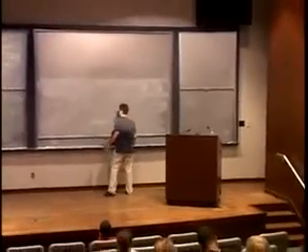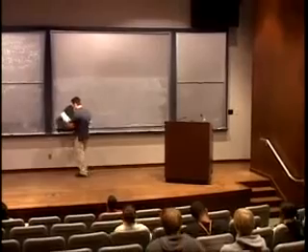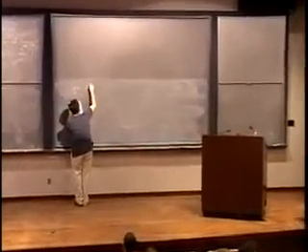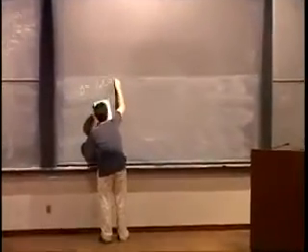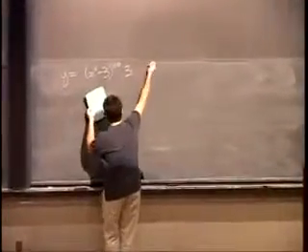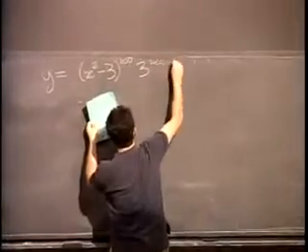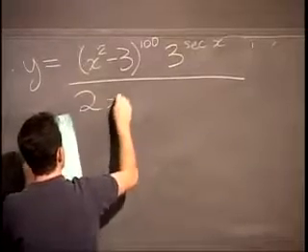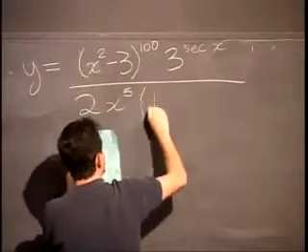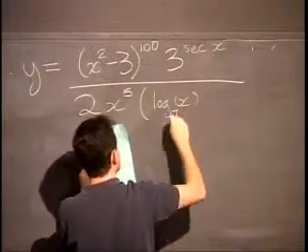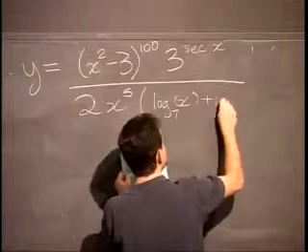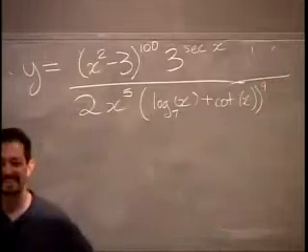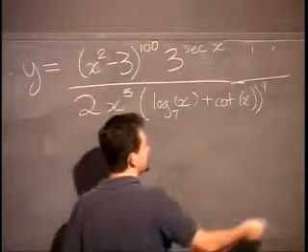Suppose y happens to equal this monstrosity: x squared minus 3 to the power of 100, times 3 to the secant x, over 2x to the 5, quantity log x base 7 plus cotangent x, all to the power 9. And you guessed it, I want to know what's dy dx.